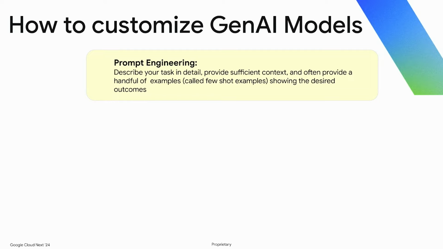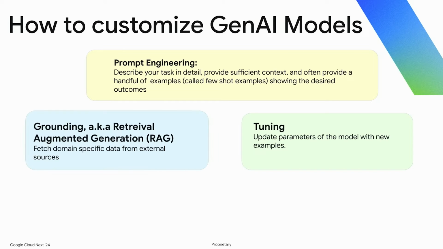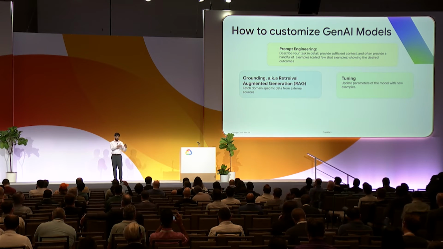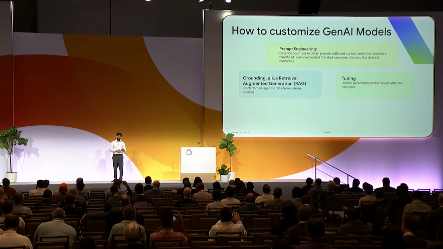But typically, when we say customization, the two key techniques that come to mind are grounding, or retrieval augmented generation, and tuning. Grounding or retrieval augmented generation is where, as the end user prompt comes in, you dynamically look up relevant information from your domain-specific corpus, or you can even now ground on Google search, pull in that relevant information and pass it to the model.